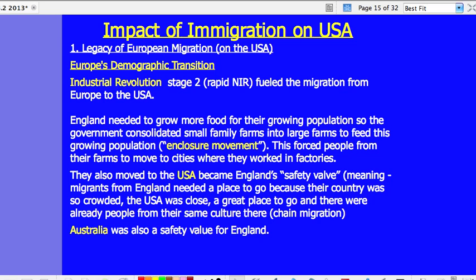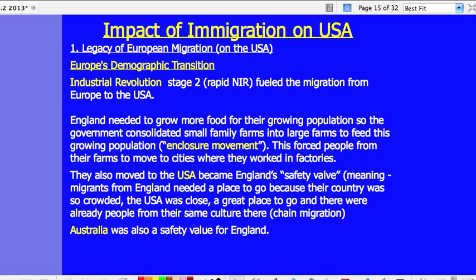Well, this enclosure movement had a devastating effect on the people who lived on these farms. It forced them to leave their farms, and many of them moved to the cities where they worked in factories, but they also moved to the United States. So this is basically representing Zelinsky's migration transition stages.